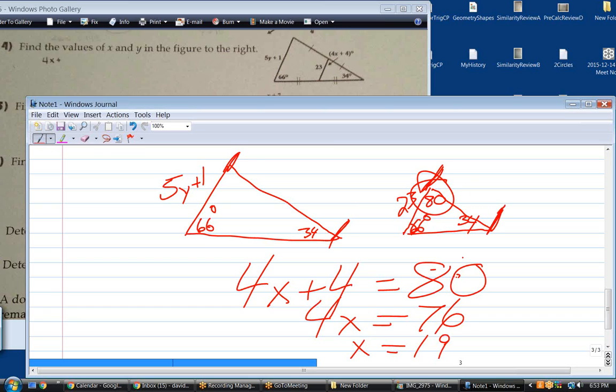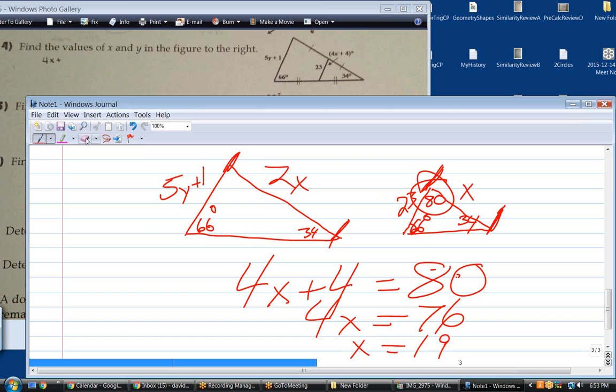Do you see why? That side has a single hash mark through it. That hash mark means this side is the same as that, which means this whole side has to be twice this side. So if that were 10, this would be 20. If that were x, that would be 2x.